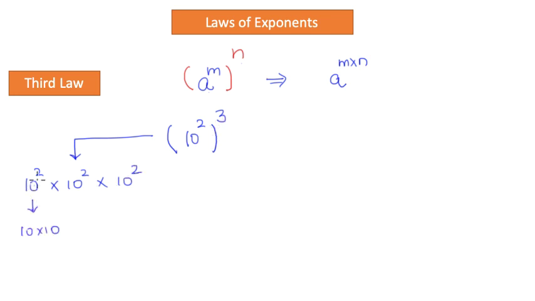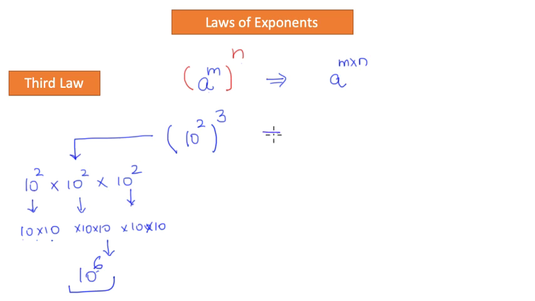Each 10 squared is 10 multiplied by 10, so the first part is 10 times 10, then another 10 multiplied 2 times, and then another 10 multiplied 2 times. In total, how many times am I multiplying 10? I am multiplying it 6 times. So my net result is 10 to the power 6.